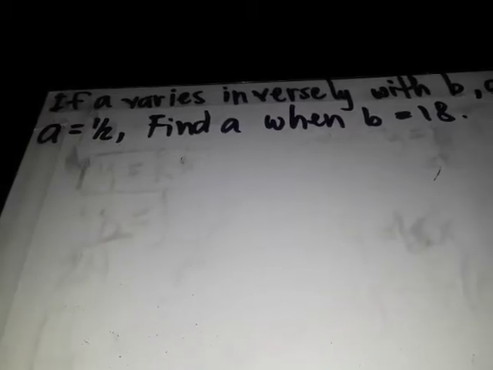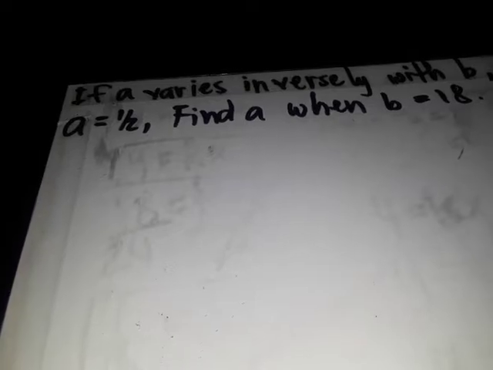Okay, example number 2, we have here, if A varies inversely with B and B is equal to 4 and A is equal to 1/2, find A when B is equal to 18. So, the first example is direct variation.